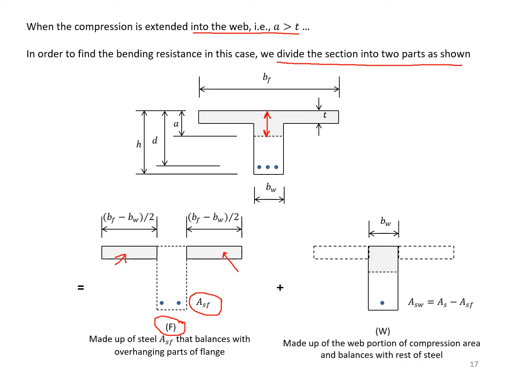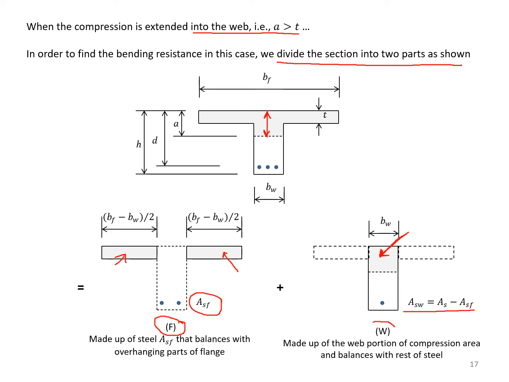The second case or situation is w, and in that case the overhanging parts are not there. The compression is only within the web, so it's practically a rectangular section. The remaining part of the steel is balancing with this compression area.